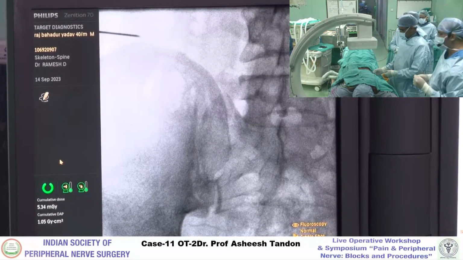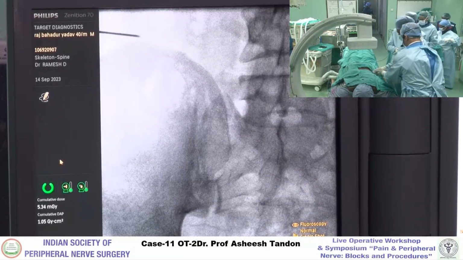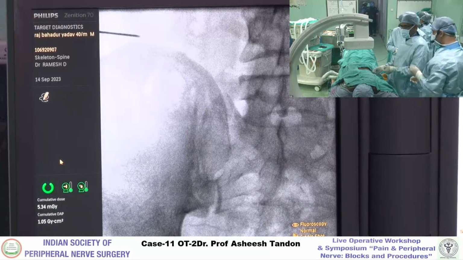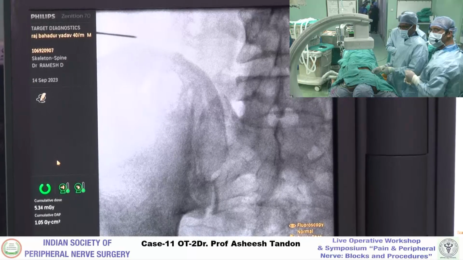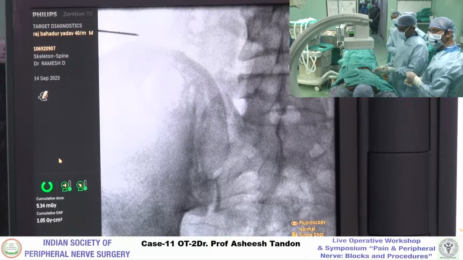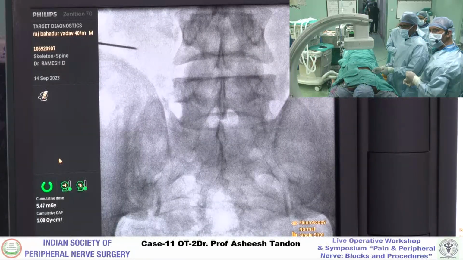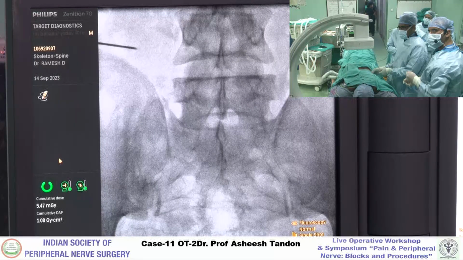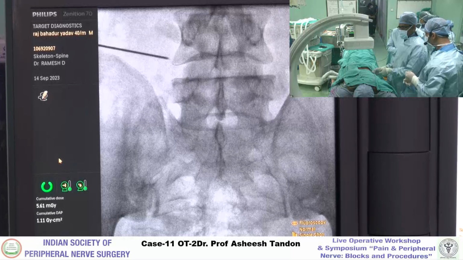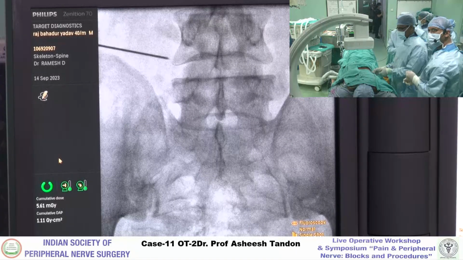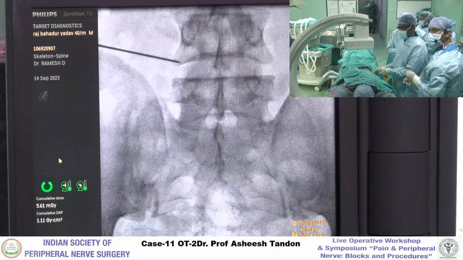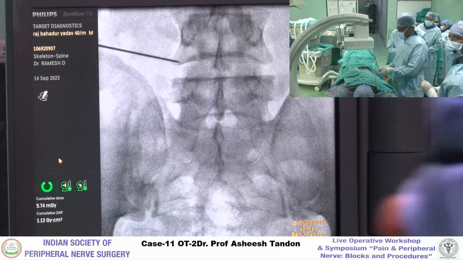Perfect. Keep going. But no, take your hand like this. Now go. Yeah, keep going. Down, down, down. Shoot, please. Yes, good. Go down. Shoot, please. Excellent. Go down. Go inside. Shoot. Perfect. Now let's do AP.